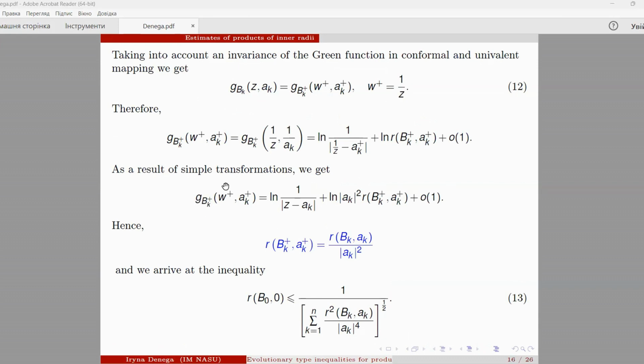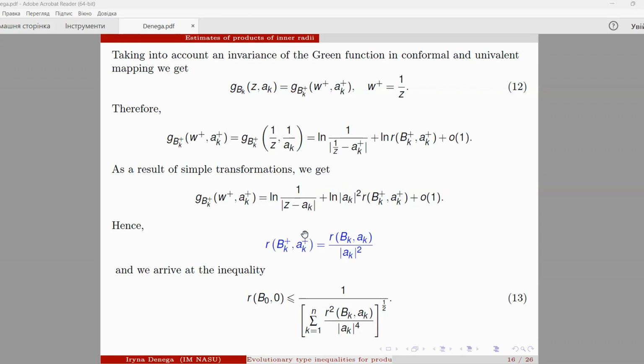Green's functions: g of B_k^+ of omega, a_k^+ is logarithm 1 over modulus z minus a_k plus logarithm modulus a_k squared r(B_k^+, a_k^+) plus an infinitesimal value.